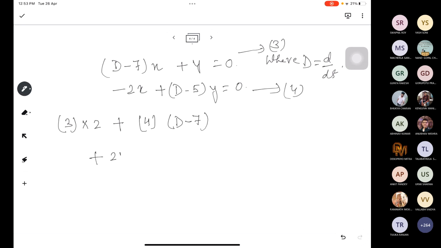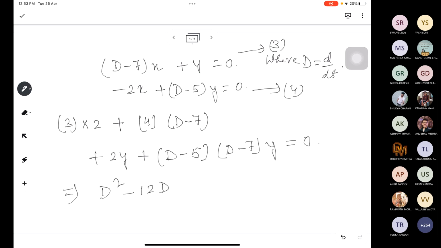We will get 2y plus (D minus 5)(D minus 7)y equals 0. So that means this equation becomes what? (D squared minus 12D plus 37)y.